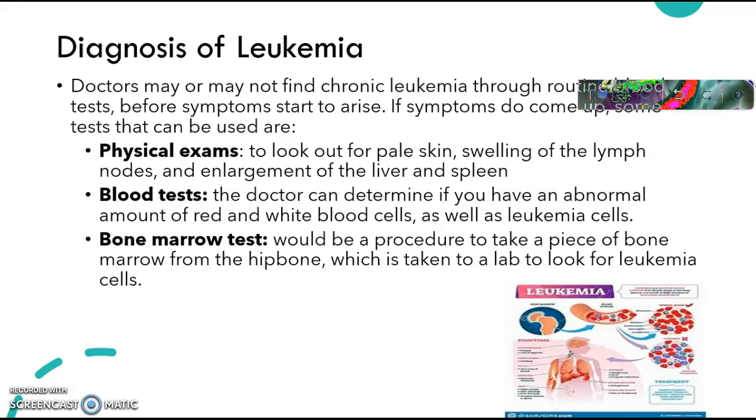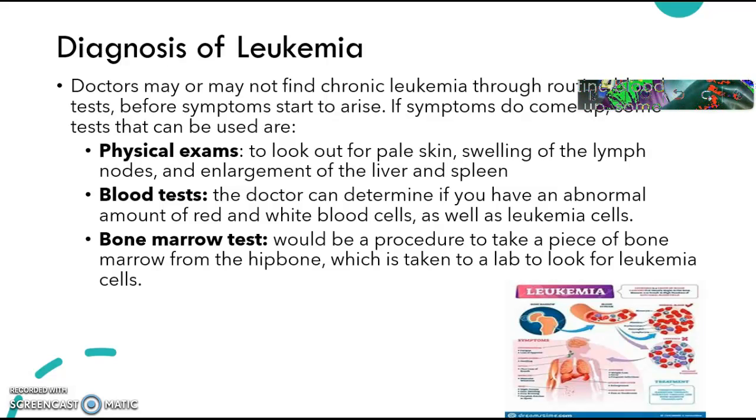Another test you could do are just normal blood tests, and from here the doctor can determine if you have an abnormal amount of red and white blood cells, as well as leukemia cells too, to make sure that if they're growing we need to put a stop to that and narrow that down as much as possible. And also a bone marrow test.